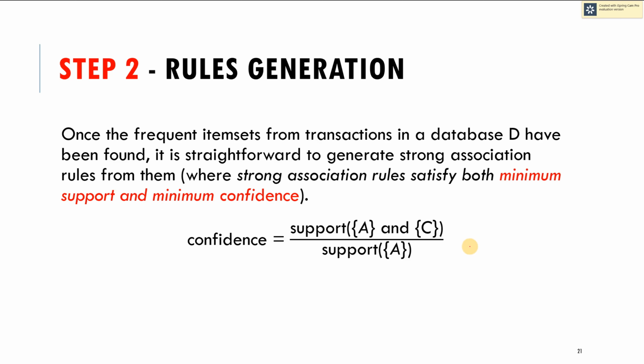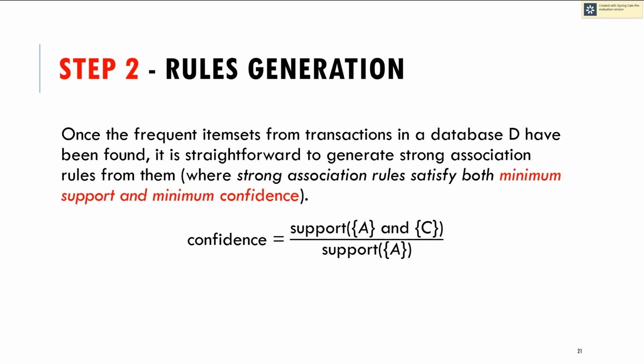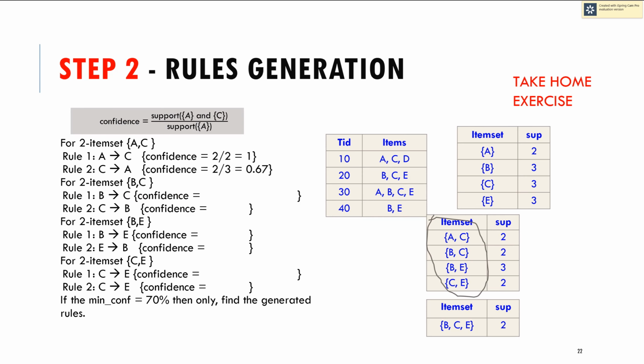If you still remember, calculating the confidence means you divide the support of the combination of A and C, the two item set, over the support of the antecedent, or support of A, if you have A implies C. So how are we going to calculate the rule generation here?